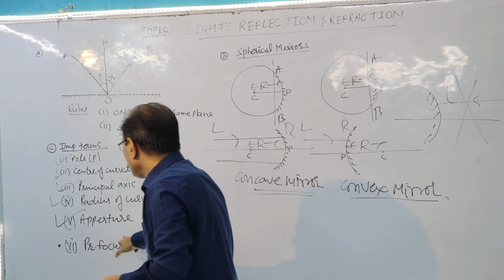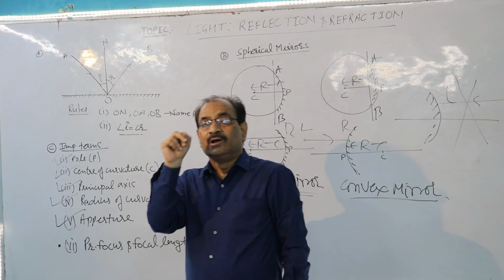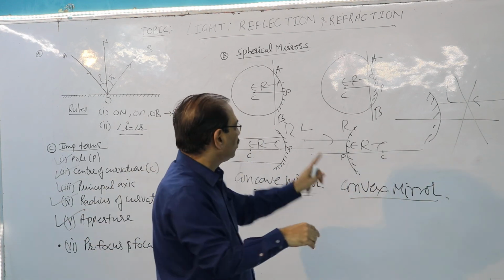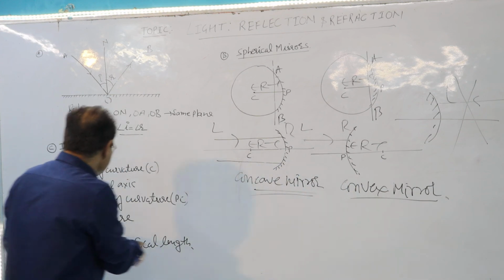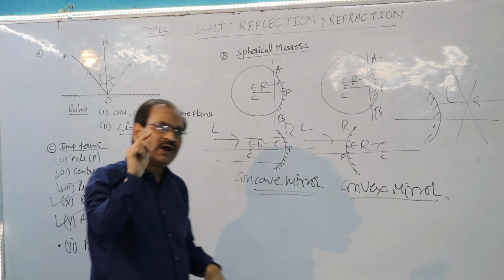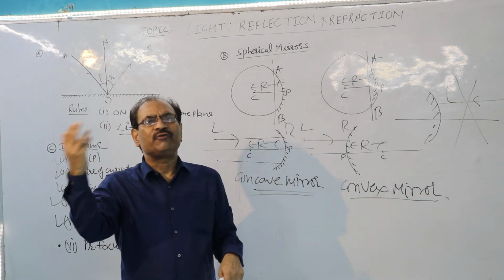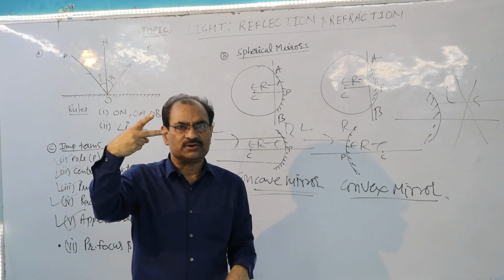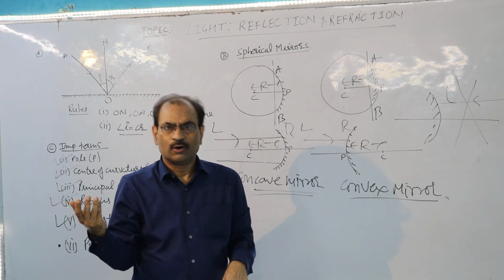Now let us come to principal focus and focal length. These definitions are really different for the two types of mirrors. Before discussing these, I ask a simple question: how many types of images are there? Answer: two types of images. One is real image and the other is virtual image.